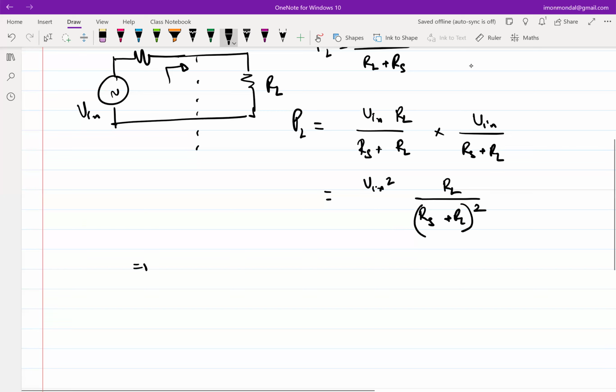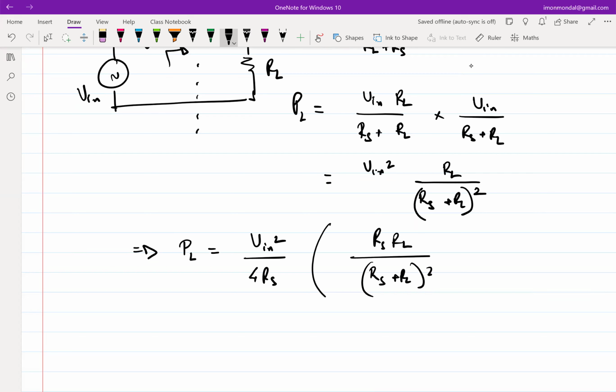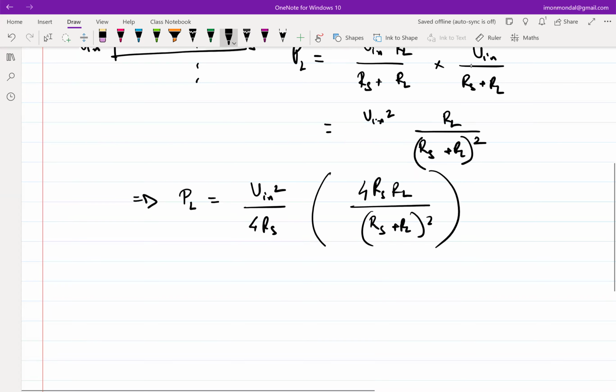So this I know is power in, so I'll just write it in terms of power in.